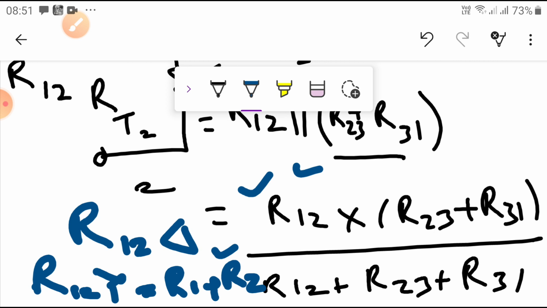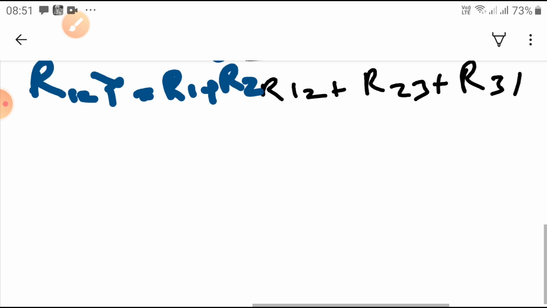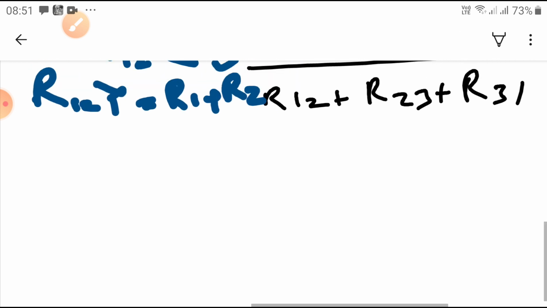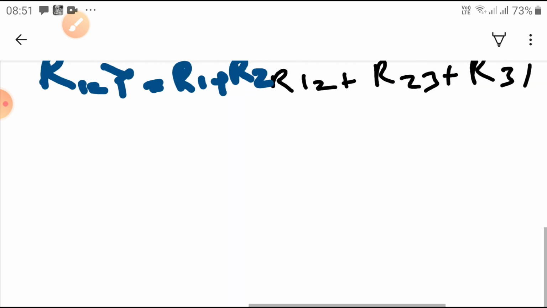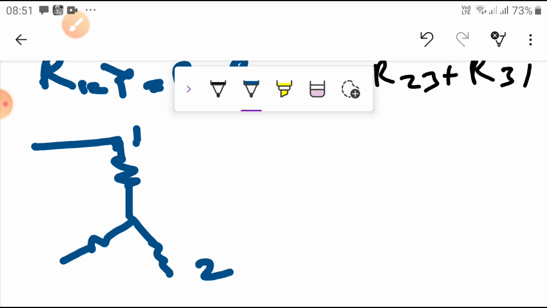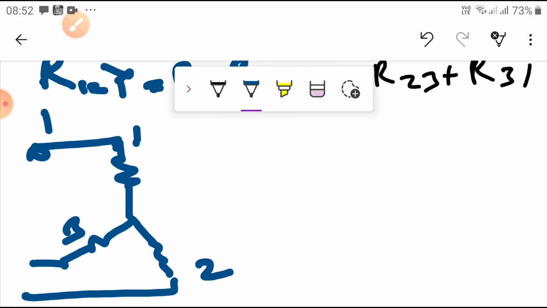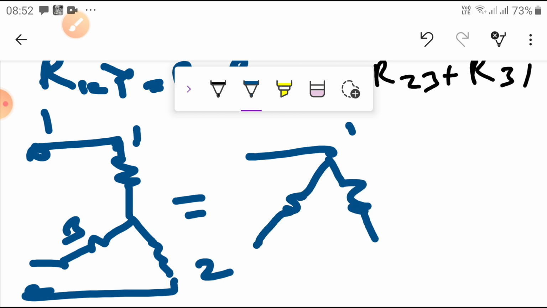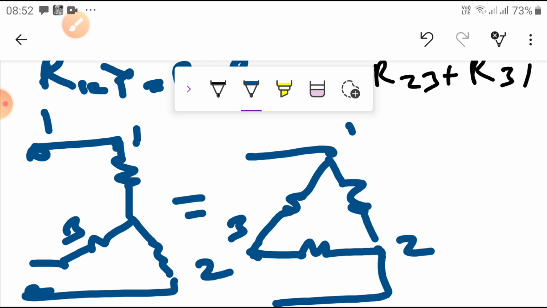Similarly, we can write it for the other terminals. Now what we have seen here is the star connection, with terminals 1, 2, 3. We connected 1 and 2, the same terminals, with one resistance connected here, then terminal 2 and terminal 3.